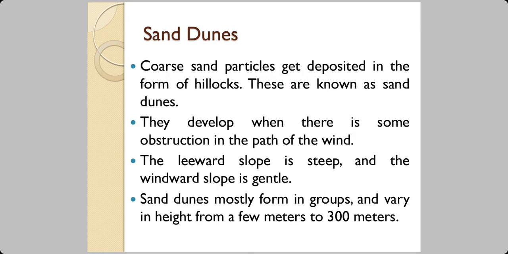The leeward slope is steep, and the windward slope is gentle. Windward means the slope which is receiving the wind, and the leeward slope is the slope behind the windward slope. They form mostly in groups, and they vary in height. They may be just a few meters tall, or they may be as tall as 300 meters.